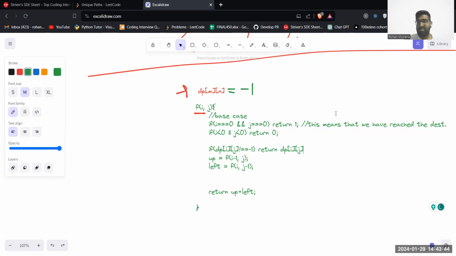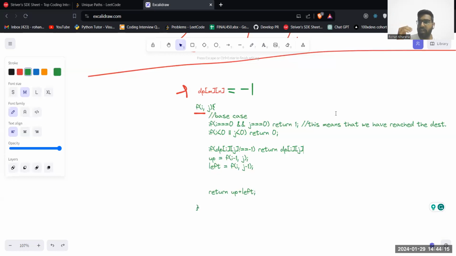What is this? You need to understand this thing. What is this solving? This is solving our overlapping subproblem part, right? That you have already calculated. Do you need to calculate it again? I already have a solution for dp of i j, and that is not -1. It's either zero or one or whatever it is.